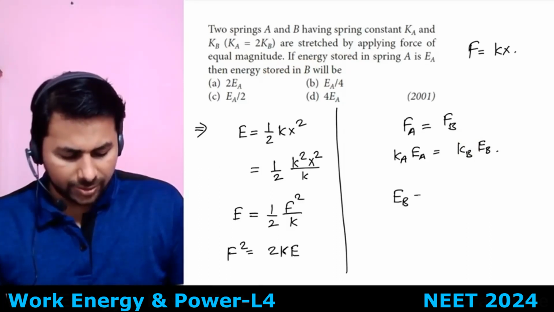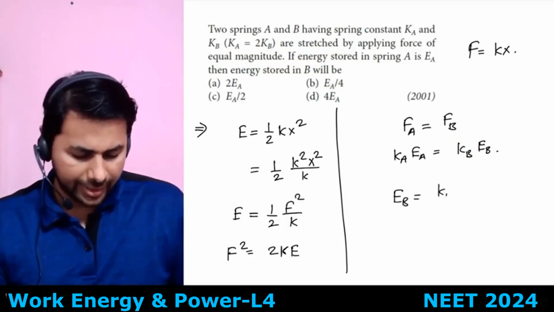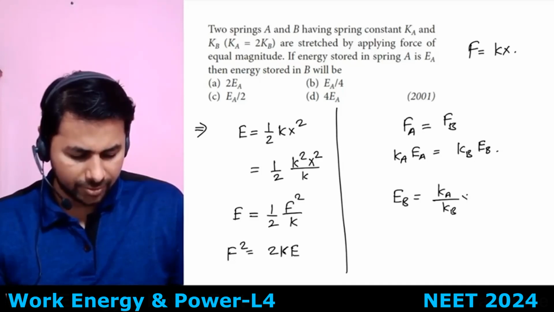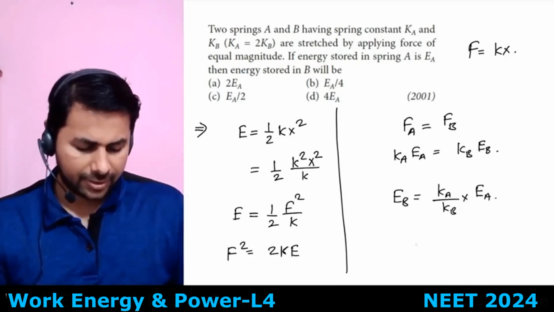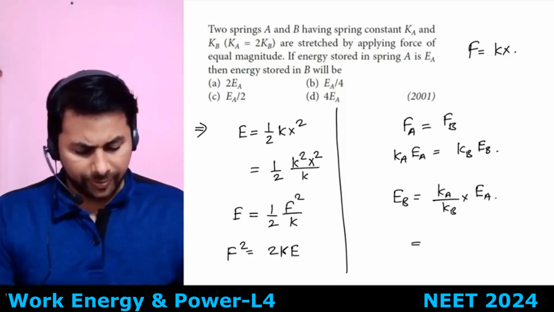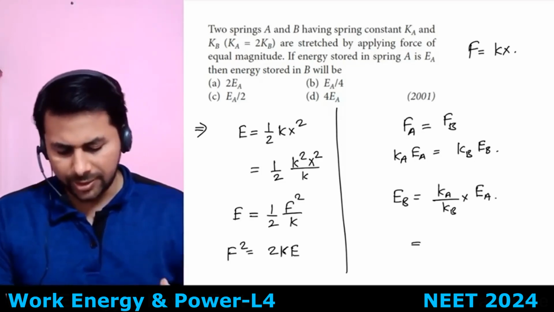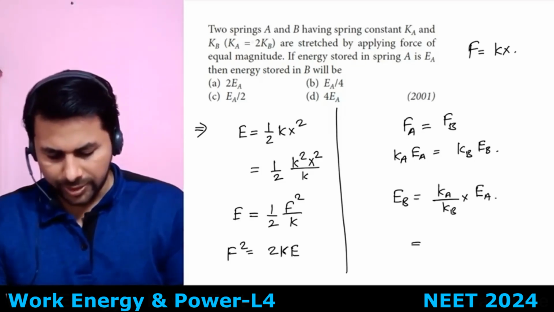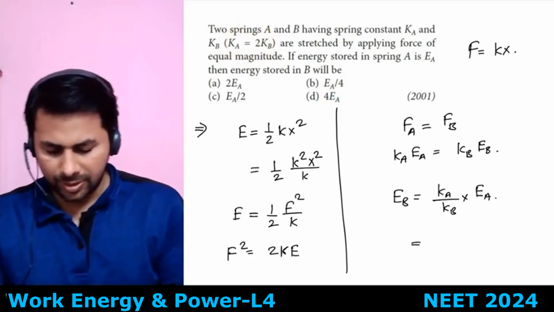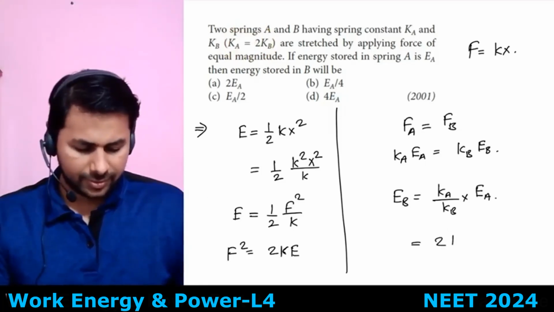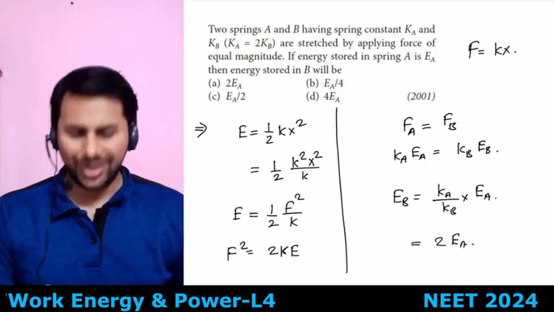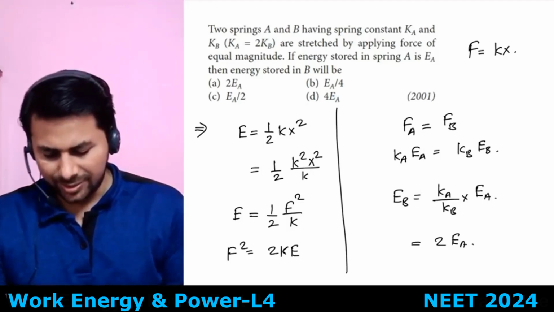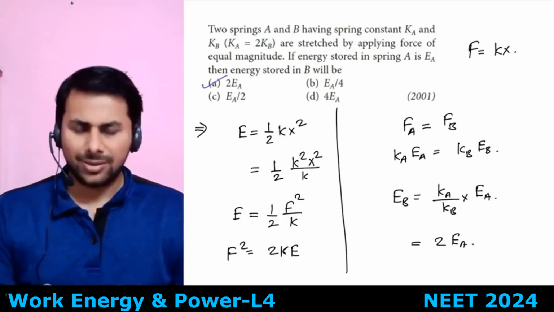So Eb equals Ka upon Kb multiplied by Ea. So what's that? Ka upon Kb is 2 because Ka equals 2 Kb. So it is 2 times Ea. Okay, this is simple. Good.